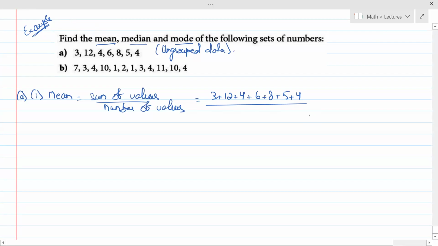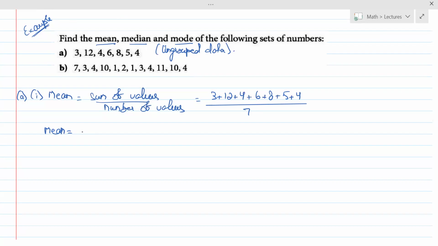Upon the number of values, it's their count. And how many values we have? We have 1, 2, 3, 4, 5, 6, 7. We have 7 different values there. So divide by 7. So this mean can be calculated with the help of calculator, or if you want, you can do it manually also.